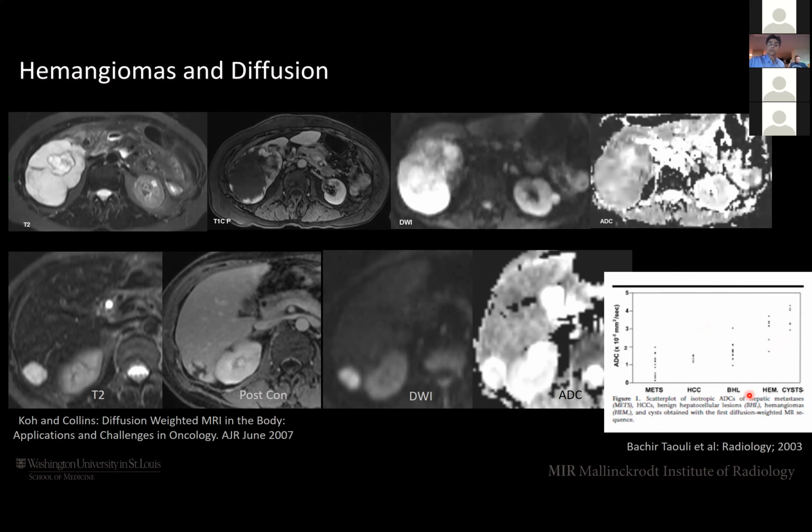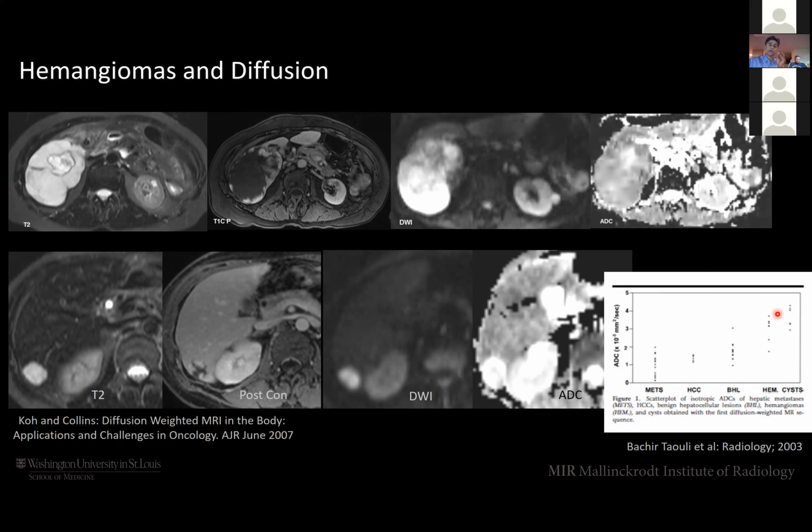In general, if you look at this scatter plot, the spread of diffusion restriction in hemangiomas goes from somewhere around 1.2, 1.3, which is at the lower end or the higher end for malignancy, to much higher numbers in terms of the ADC values. So there is a spread for hemangiomas.